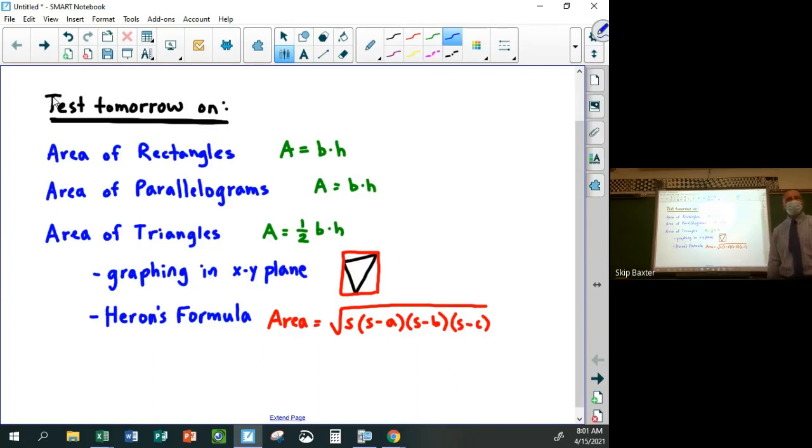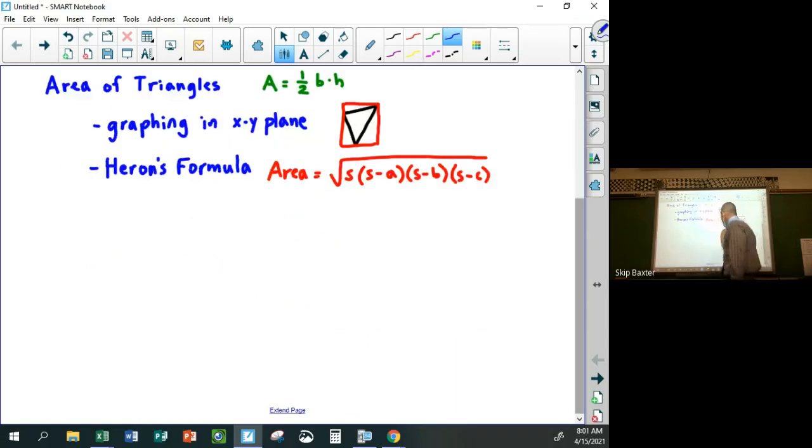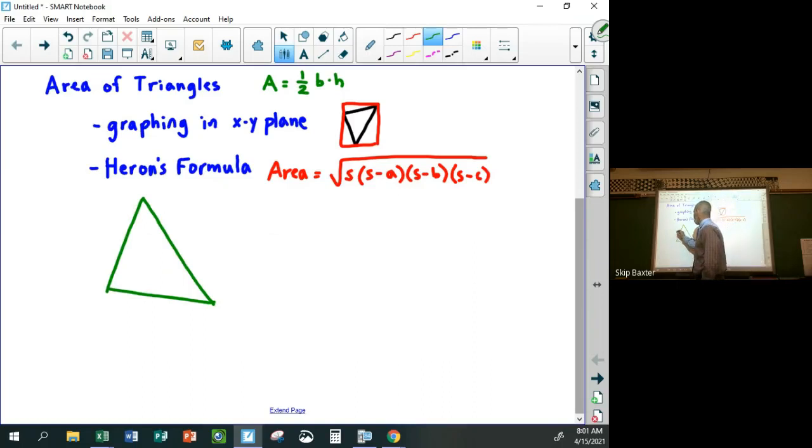Yeah, go ahead. Can we go over a problem with the Heron's formula? Yeah, absolutely. So, for example, if we had a triangle that looks like this, and its side lengths are 11, 7, and 8. The first thing you do is you calculate the semi-perimeter. So the perimeter is 11 plus 7 plus 8.